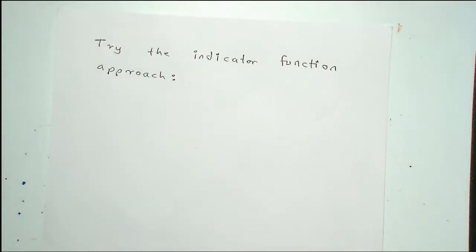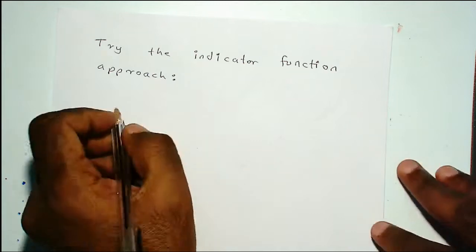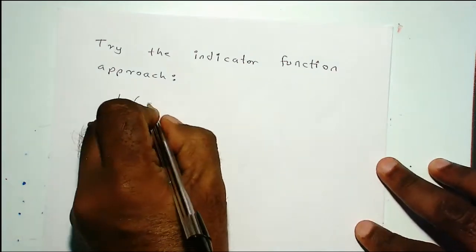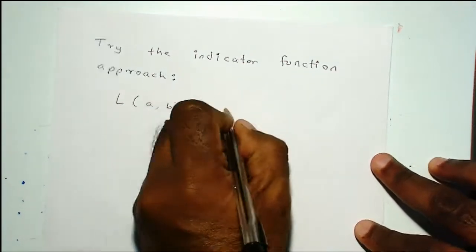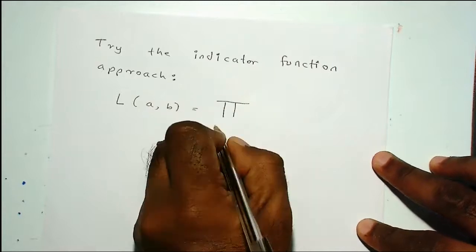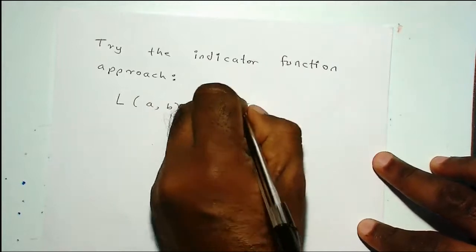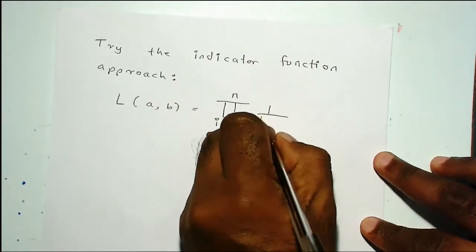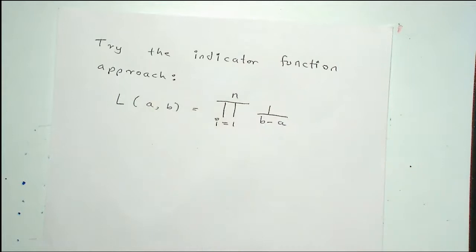I'm going to rewrite the likelihood function as the product of 1 divided by b minus a. Now remember, a uniform random variable is defined between a and b. That is, every xi must be greater than a and less than b.